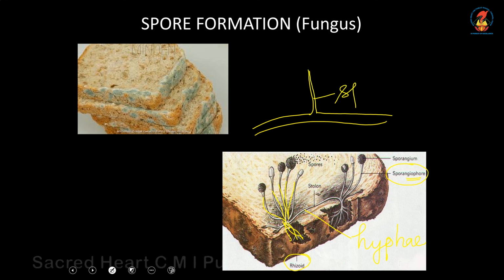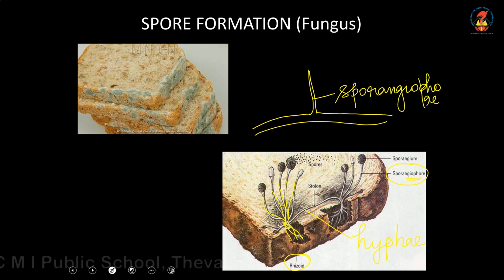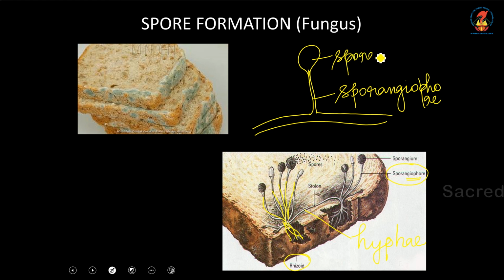This one you call it as the sporangiophore. Okay, at the tip of the sporangiophore, you can see a bulb or a blob-like structure. You call this blob-like structure as the sporangium. You can see it in this diagram also, sporangium. This is the blob-like structure, sporangium.